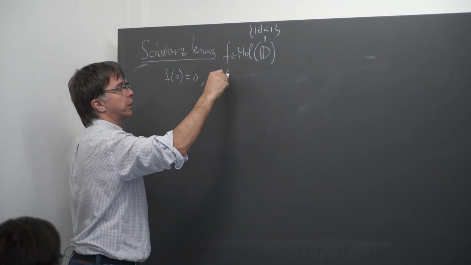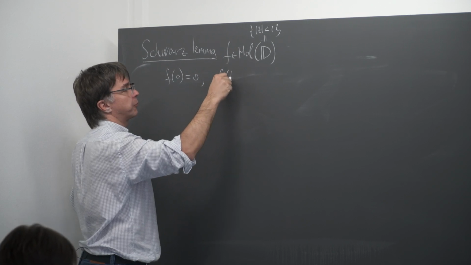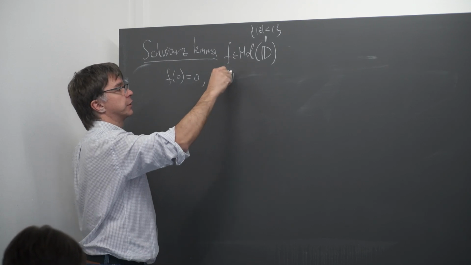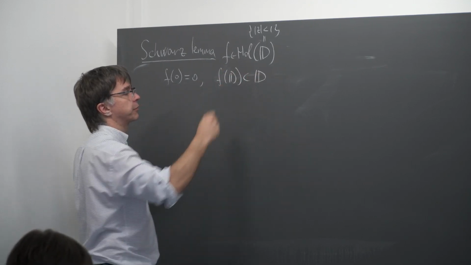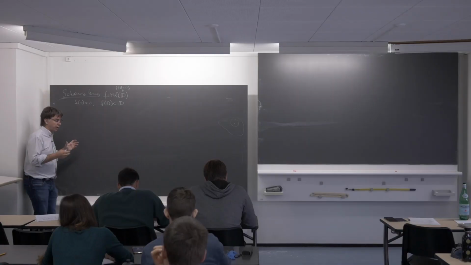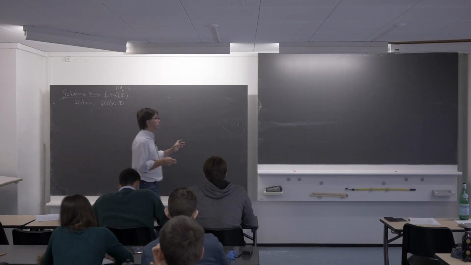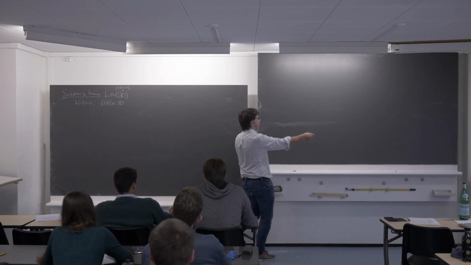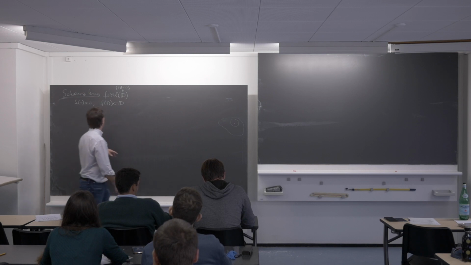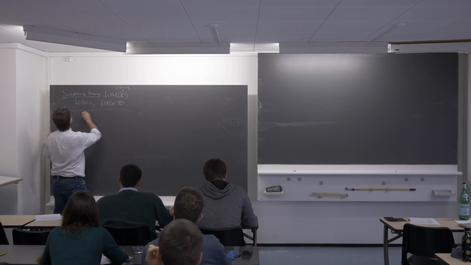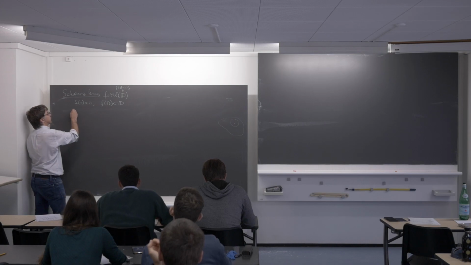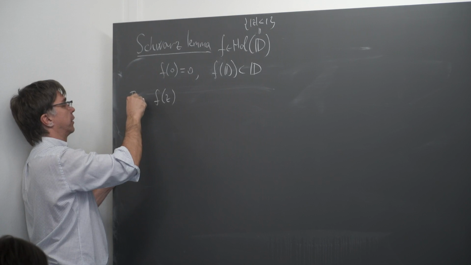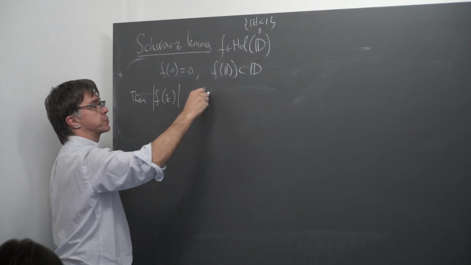So suppose we know that f of disk is inside the disk. We can always get this. If you have a function which is defined on a small disk and has values somewhere, we can rescale this disk, and rescale the place where it has values, so that it's a function from disk to a disk. And then there is a very nice estimate which says that the absolute value of f of z is no more than the absolute value of z.